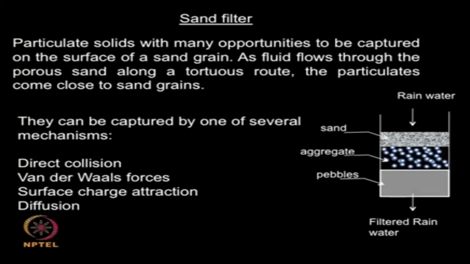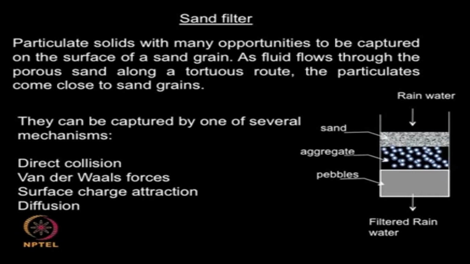I talked about the depth filter, and this is a typical depth filter. A sand filter is a typical depth filter which is used for purifying running water. It is used in water treatment facilities, it is used in rainwater harvesting and so on.